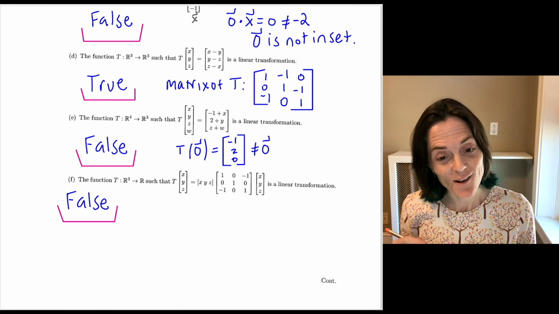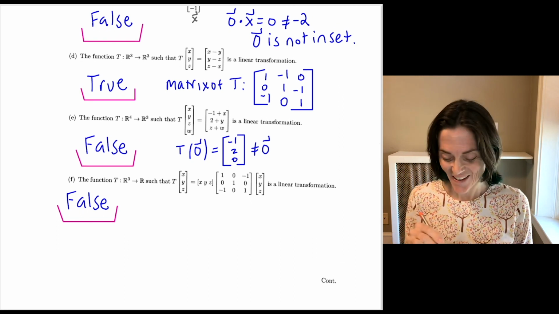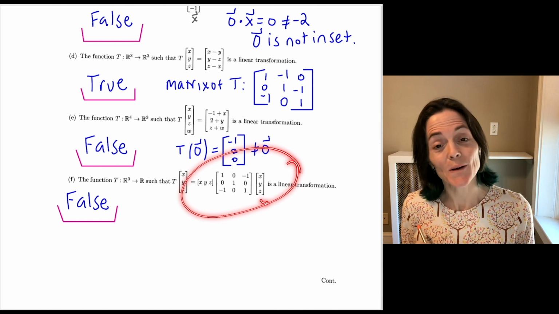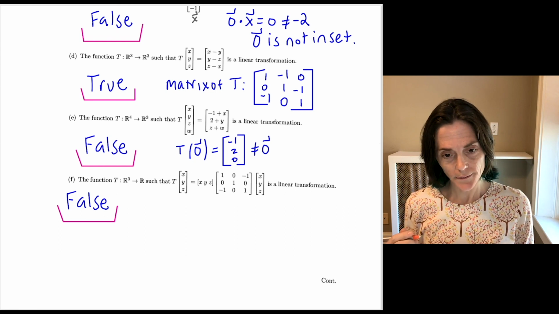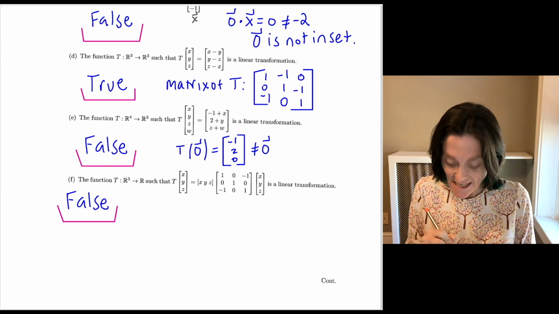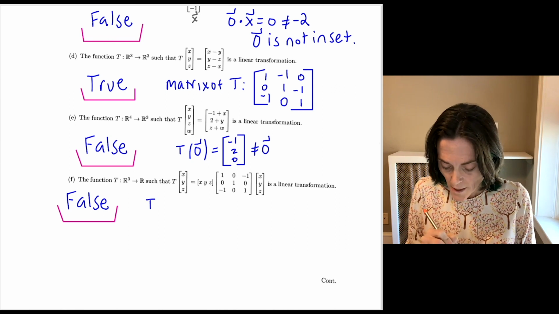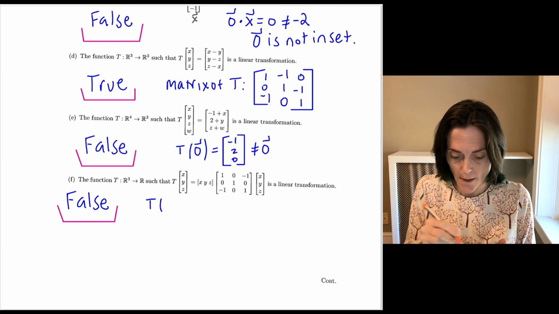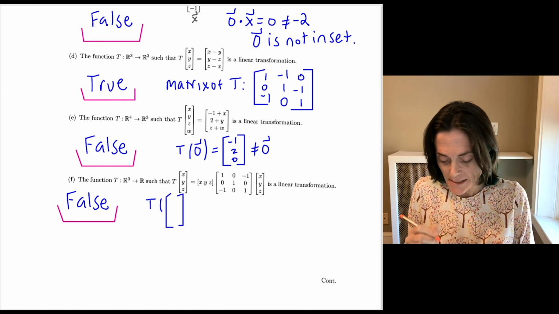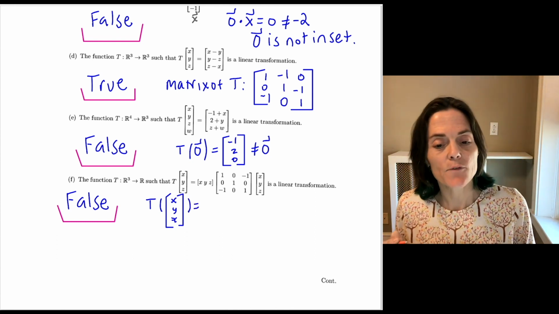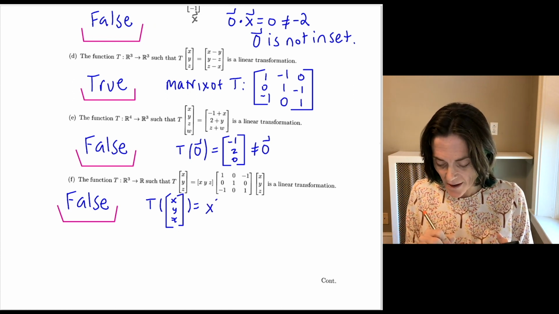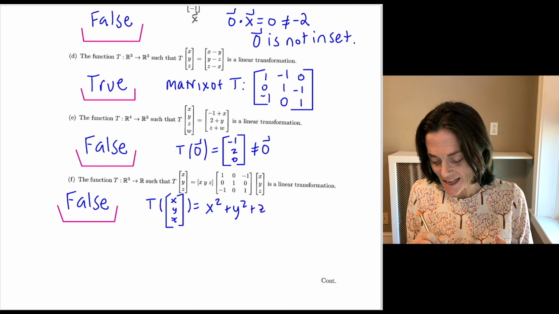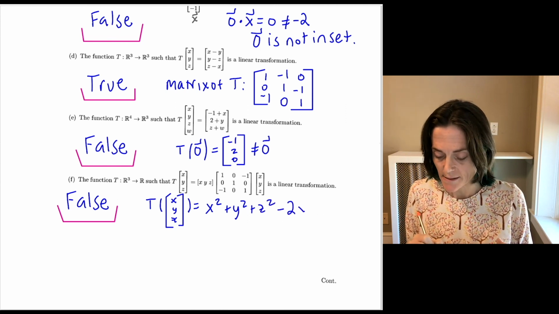As I mentioned, letter F is also false. Well, if you've seen it, this function is a quadratic form, but we don't need that language to solve the question. So we could write down what this function is to help us figure this out. Okay, what is T of XYZ? Definitely it is a map from R3 to R. And if you multiply these three matrices, you're going to get x squared plus y squared plus z squared minus 2xz.